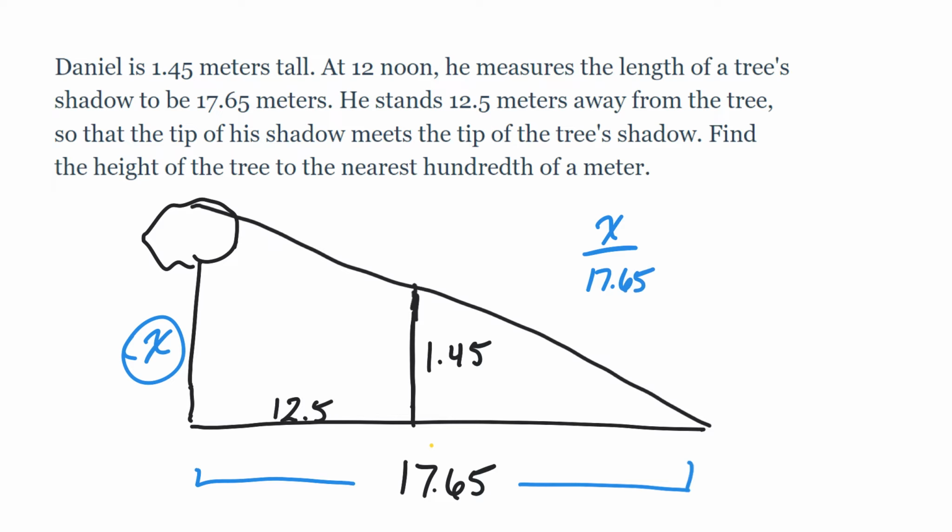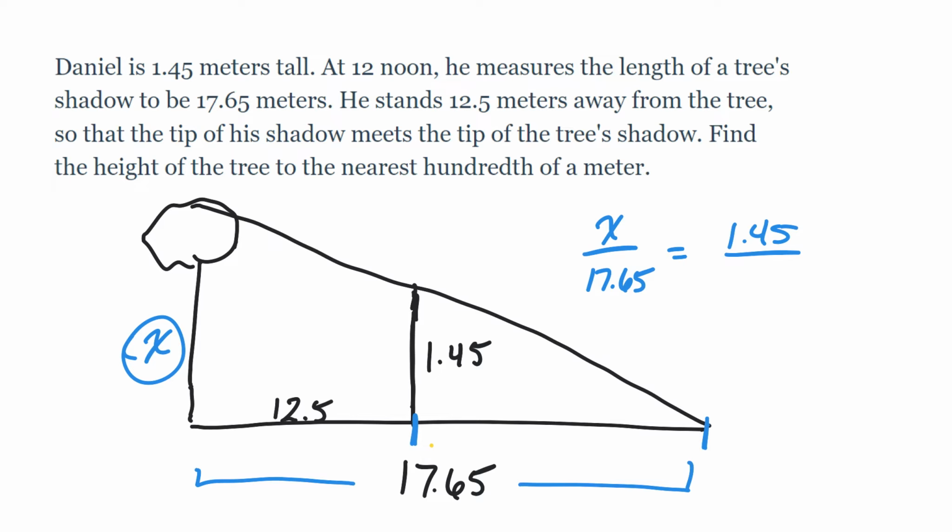So we can see that the triangle we're looking for is the x over the 17.65. And we need to find the parts that relate to this on the smaller triangle. So this would be 1.45 compared to this amount from here to here.